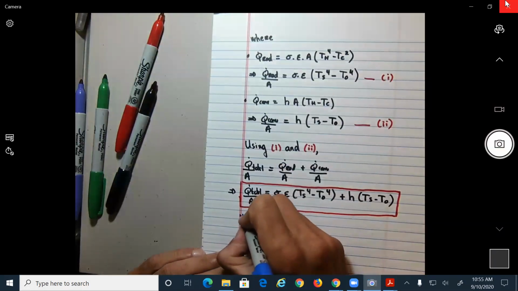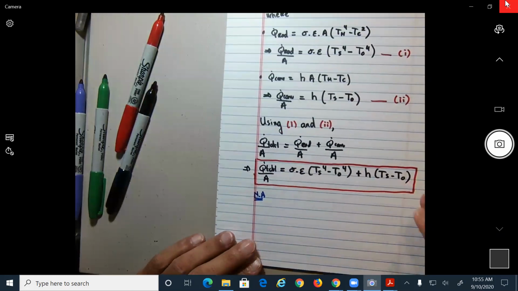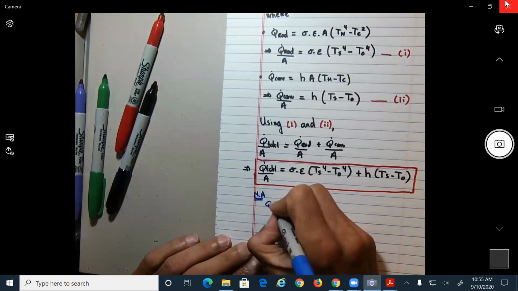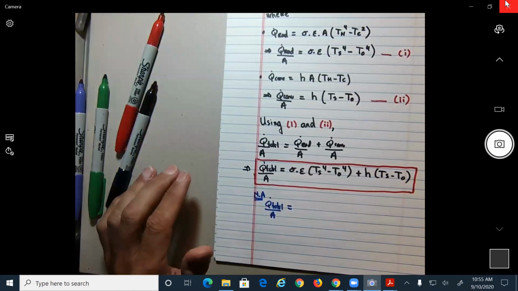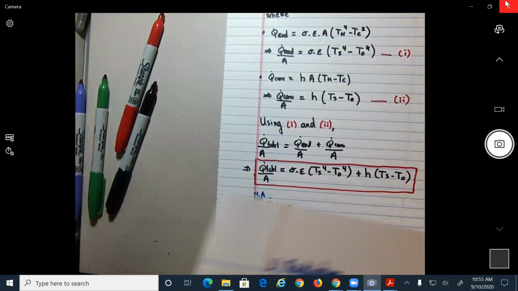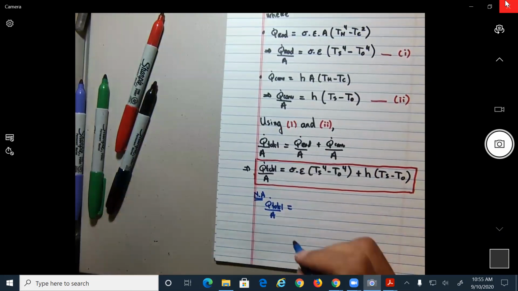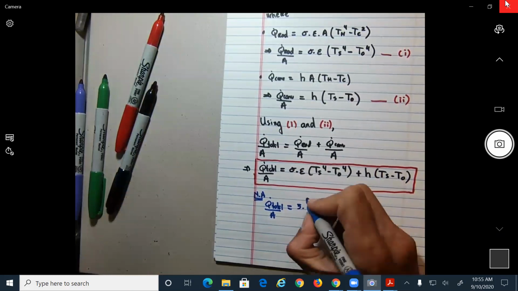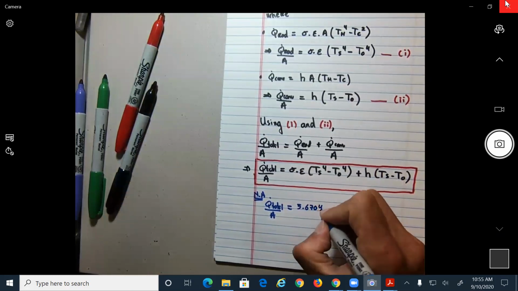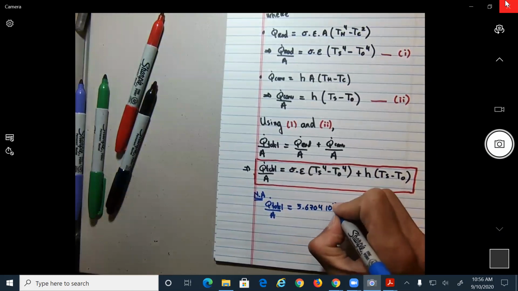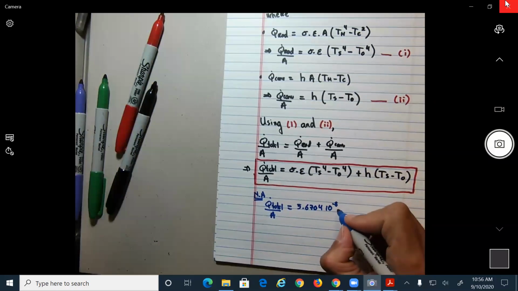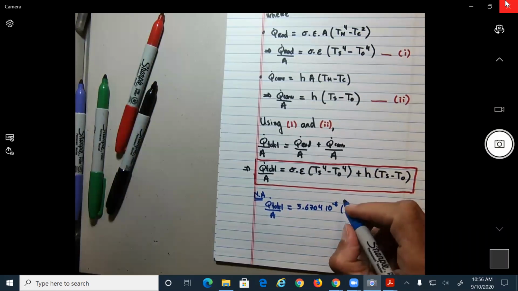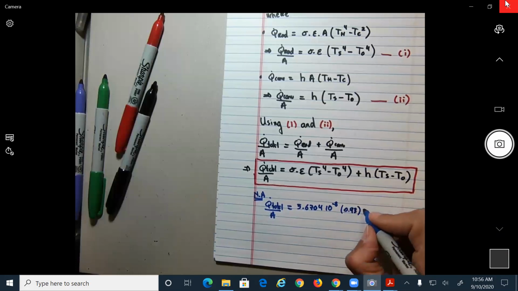Okay, so if we do the numerical application, what do we have? Let's see here, write down the value for Q. So this should be equal to 5.6704 times 10 to the minus 8, units are correct, watts per meter squared Kelvin to the fourth. So we'll leave that this way. Times the emissivity, how much? 0.93. Here, be careful.